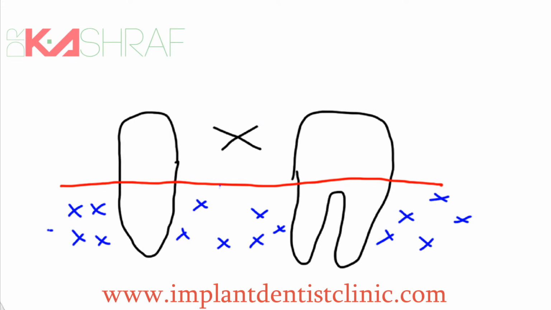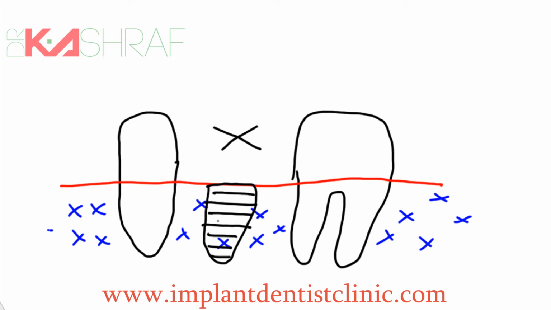So an implant is a titanium screw. Let me draw that in. It looks kind of like a root. If you look at the shape of the roots of the teeth, an implant mimics the appearance of a root, and really it is acting as a root, so to speak.